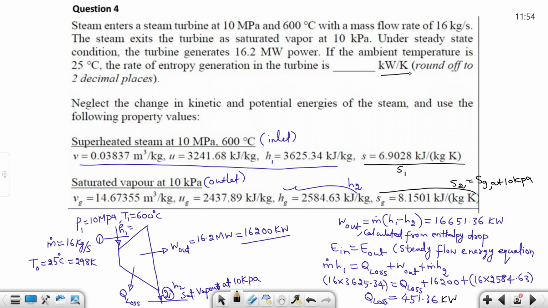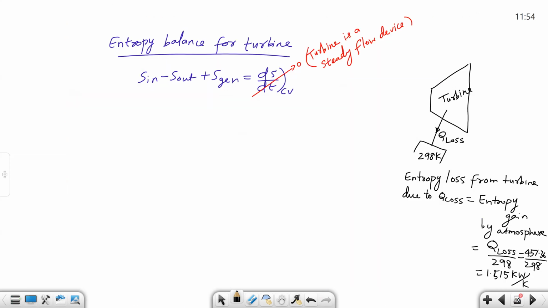So now we can go for the entropy balance, with entropy in 1 and out 2. So m dot S1, m dot S2, and entropy generation inside the turbine. Work output is there, but work output does not contribute any entropy change.